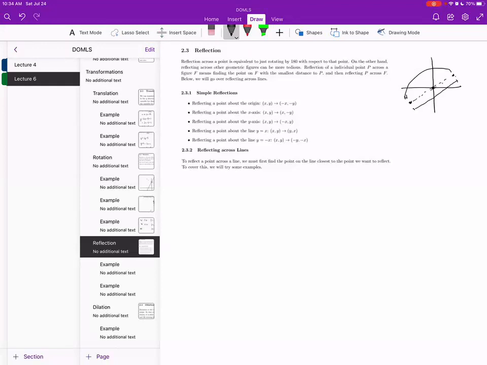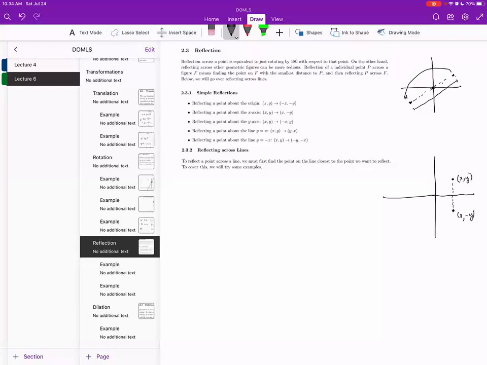Next, what about reflecting a point about the x-axis? Well, if we draw it out, then we have this point x, y. When we reflect it across the x-axis, it's just going to go to the other side of the x-axis, and its y coordinate is essentially going to swap signs.